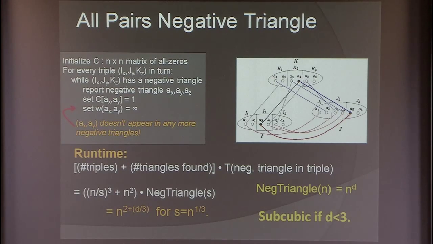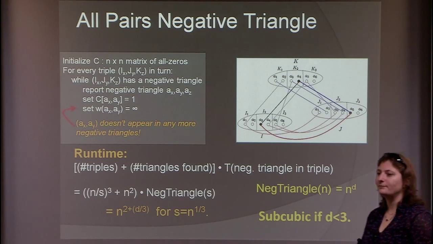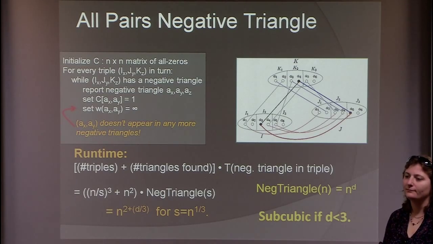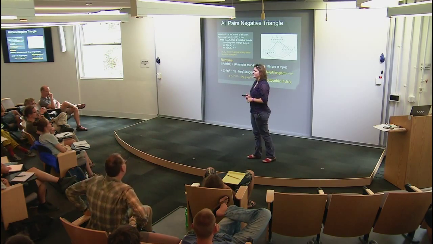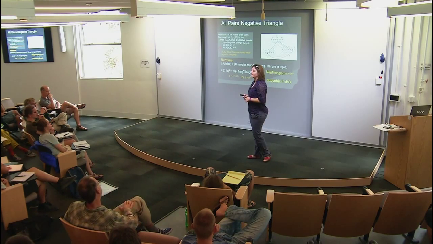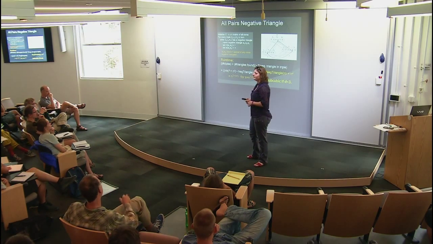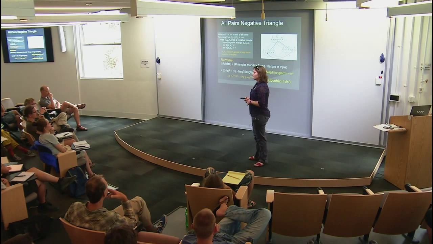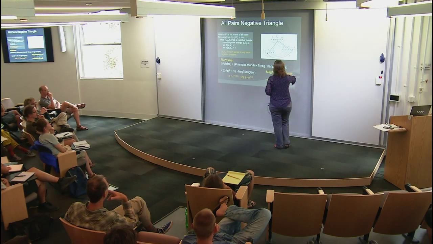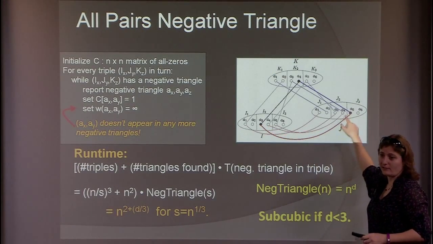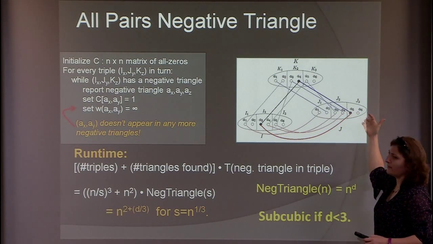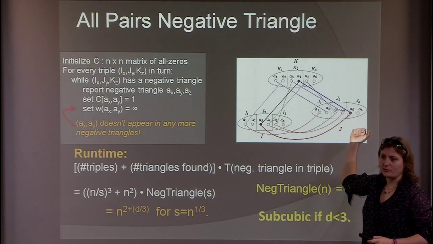All right. Maybe I don't understand. Don't you sometimes have to run the same triple many times, because maybe that same triple is leading to many edges, right? Like when you set that edge, which you discover, to infinity, but maybe there is another edge in that triple. Well, this is a tripartite graph, so the only triangles go like this. The moment I set this to infinity, it cannot appear in any more negative triangles.